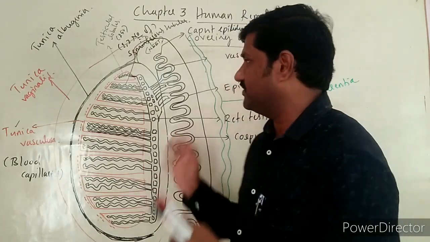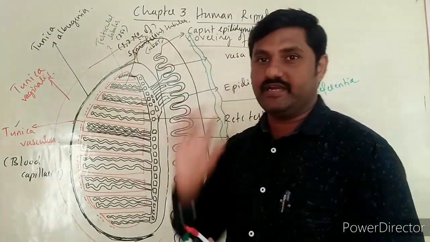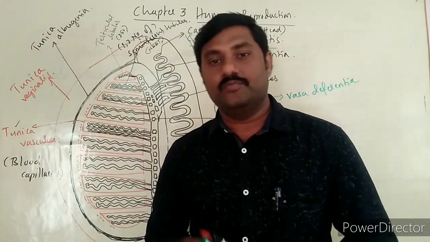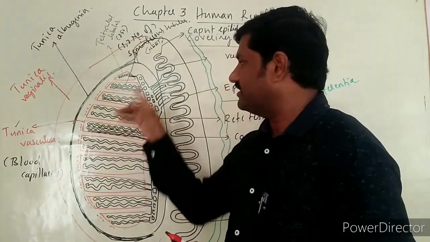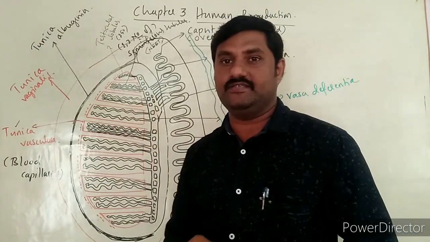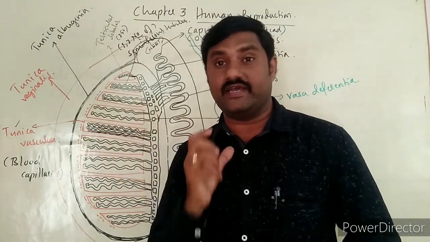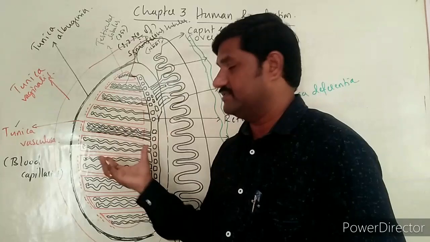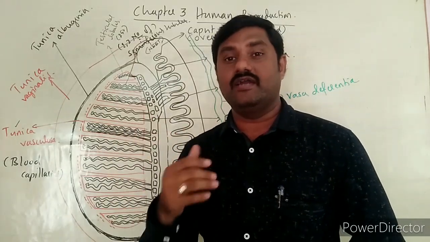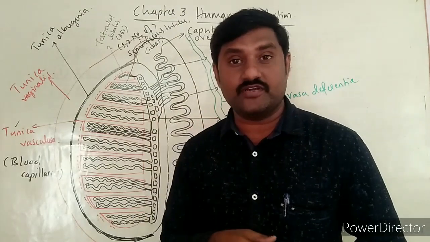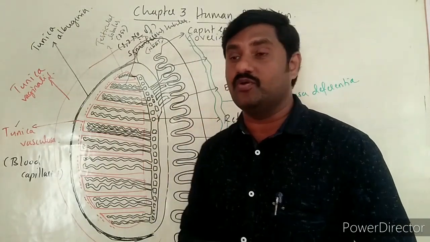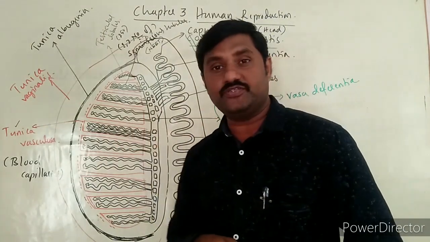After this, where this connection continues, we'll see. Before that, we must have the knowledge of what the testis looks like whenever we take the cross section of it, and where actually the production of sperms takes place. We came to know that it is nothing but the seminiferous tubule.